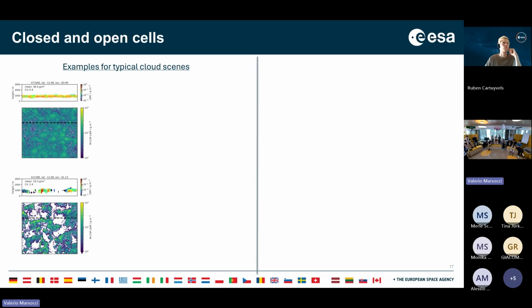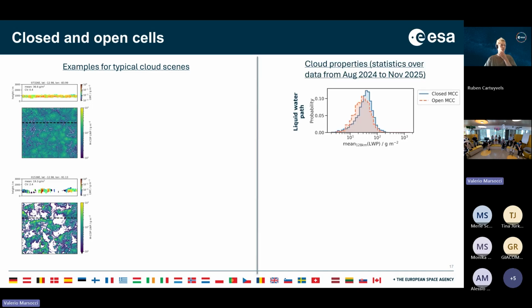Shown here, the upper one shows closed cells in the horizontal view, and the upper plot here shows the profile of these closed cells, and here shown is liquid water path and liquid water content, respectively, and here the same for open cells. So we can see already that in the vertical, or maybe, yeah, maybe I'll just show the statistics first.